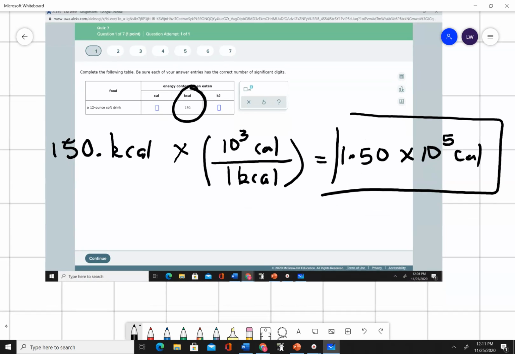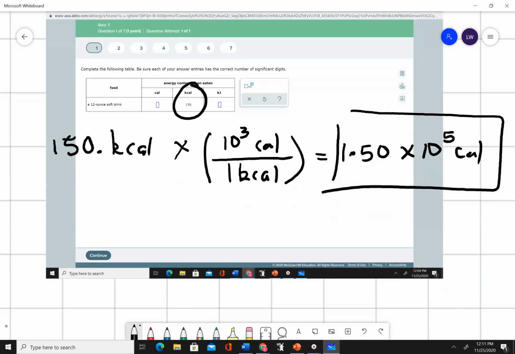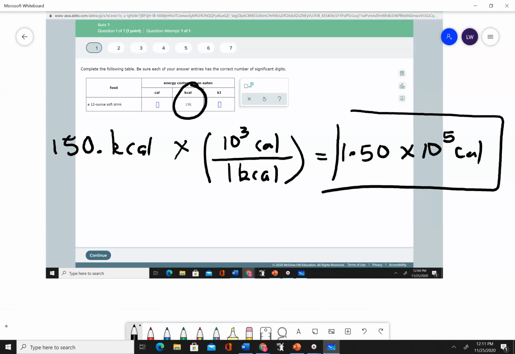We're now asked to convert this into kilojoules, and what we need to think about here is the relationship between joules and calories. And I like to think about this in terms of the specific heat of water. So the specific heat of water is 4.184 joules required to raise the temperature of 1 gram of water 1 degree Celsius.